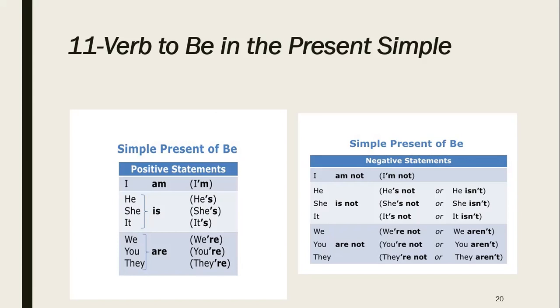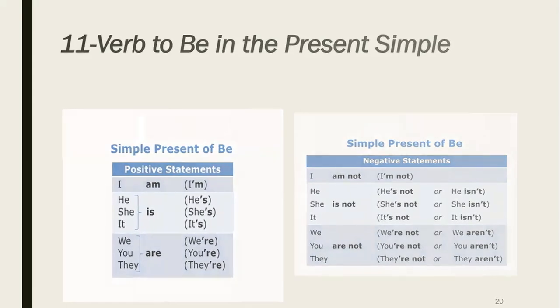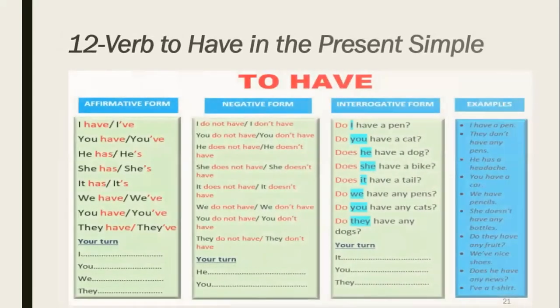But if we say, for example, he is not, or he isn't, we change not into a short form. The same is true with are, but am, no. Remember, not cannot be abbreviated with am. This is very important to know about.